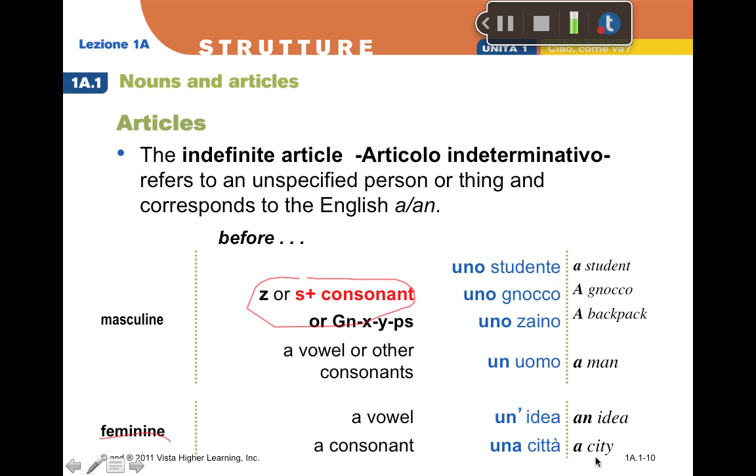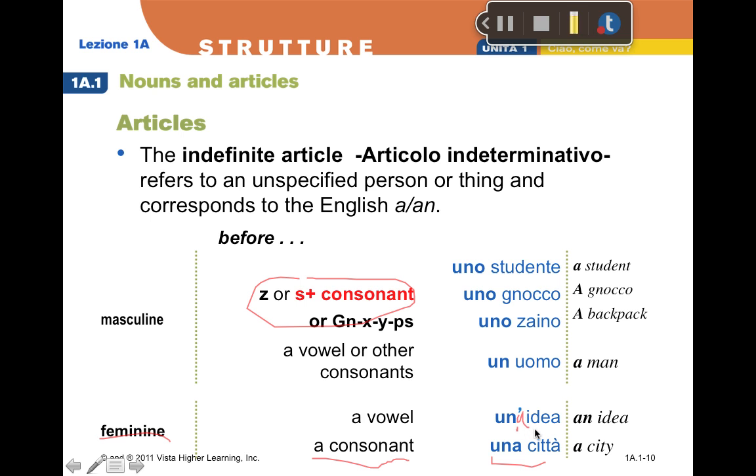When do I use una? I use una with the feminine when the word starts with a consonant. Una città. I use un with the apostrophe for feminine words that start with a vowel. It is very important that you understand that we only use the apostrophe in this case, with the feminine word starting with a vowel.